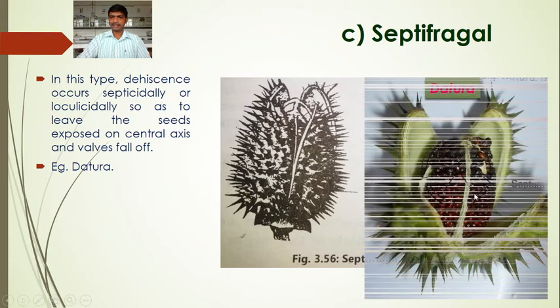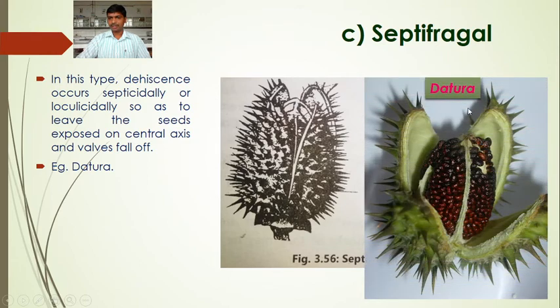So here we can see this is the septifragal capsule of the datura. These are the walls. This is the septa or the partition wall and the seeds remain attached to the central axis while the walls fall off. Here dehiscence occurs loculicidally or septicidally.